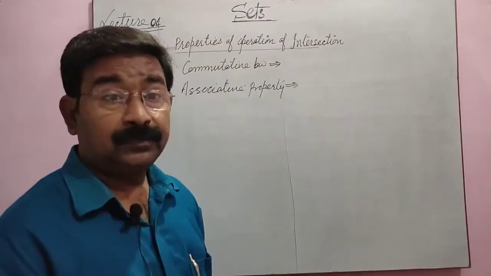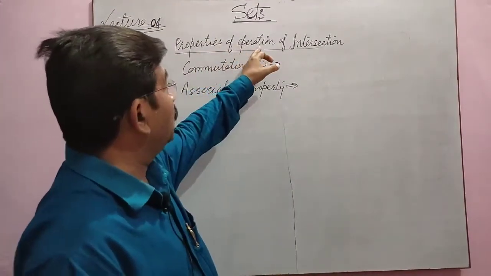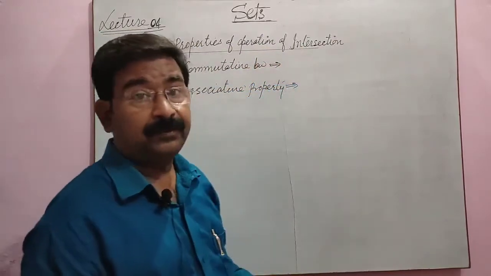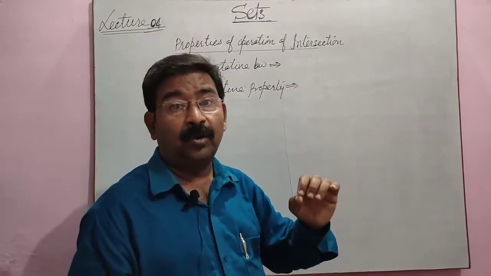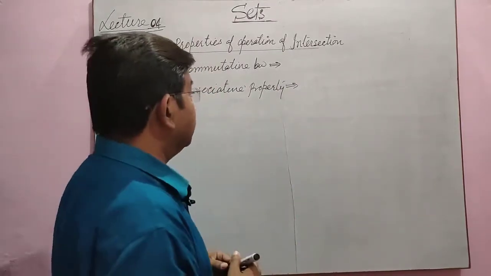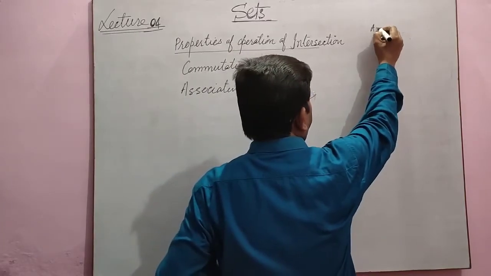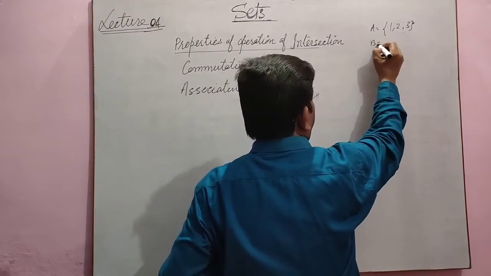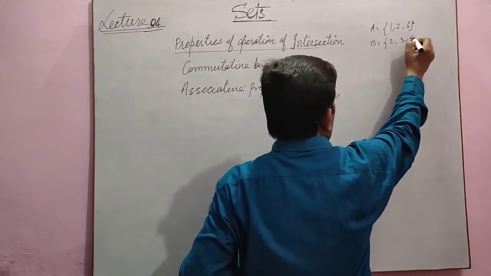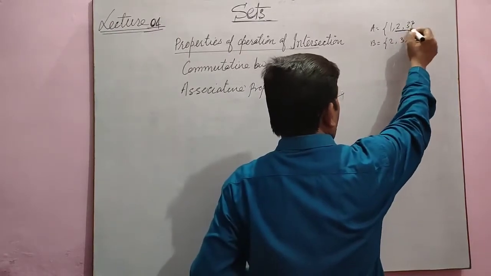Okay. Now the next phase is properties of the operation of intersection. Let's see whether the commutative law holds good or not. Suppose we have a set A {1, 2, 3} and a set B {2, 3, 4}. What is common? 2 and 3.